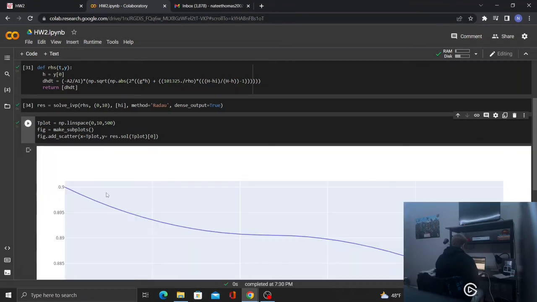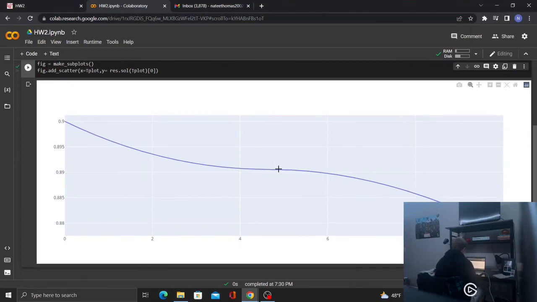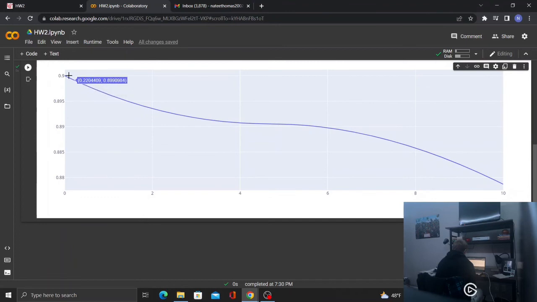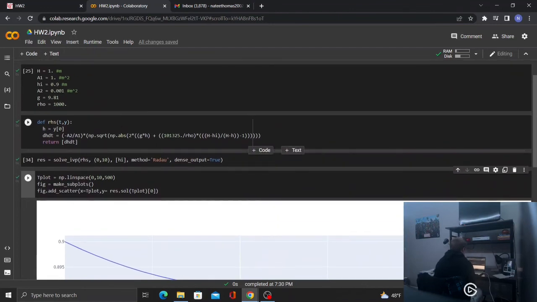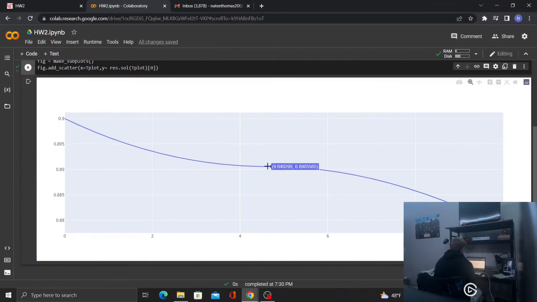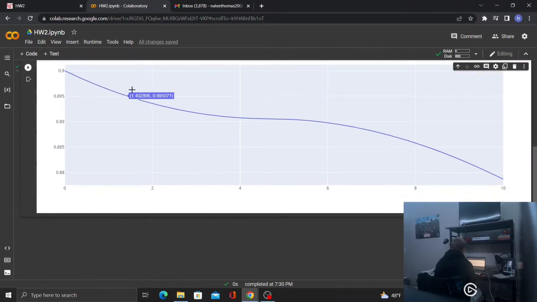So if we plot this, we get this graph here. And as you can see, our plot decreases, decreases, decreases, then levels out here. That is where our numbers are going negative and we start using the absolute value. What we want on our plot is just this part here where it is positive.